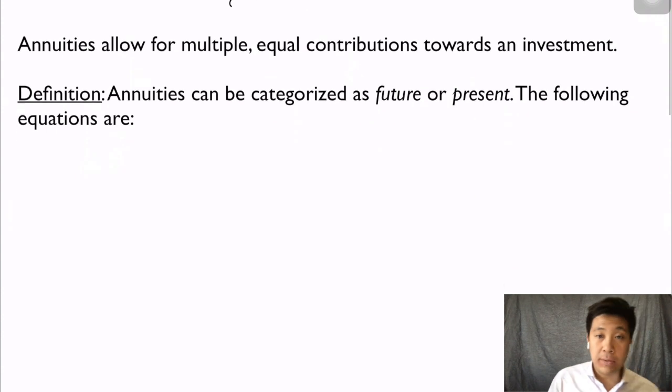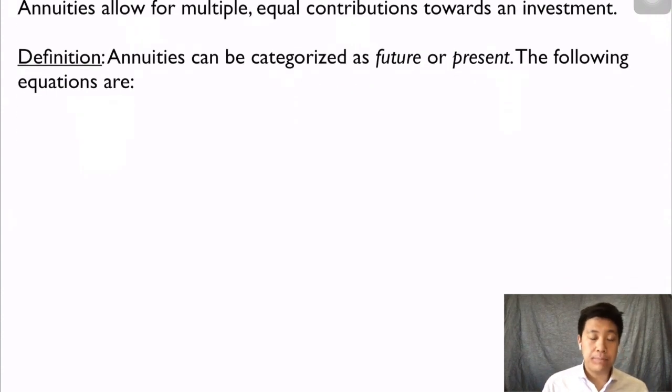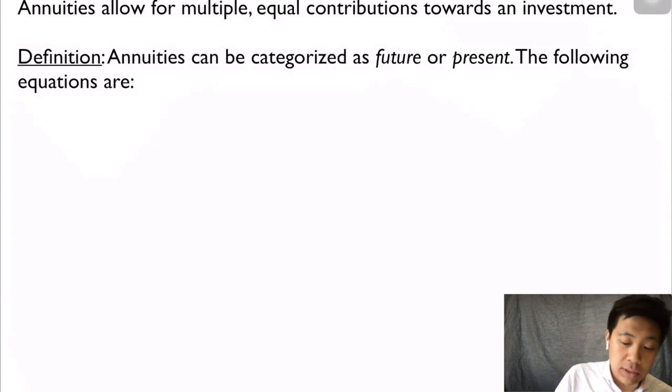The first formula will be the future value annuity. This will be written down. However, you want to think of this as an investment of some sort, something that you're going to be saving towards the future, essentially. And here's that equation.